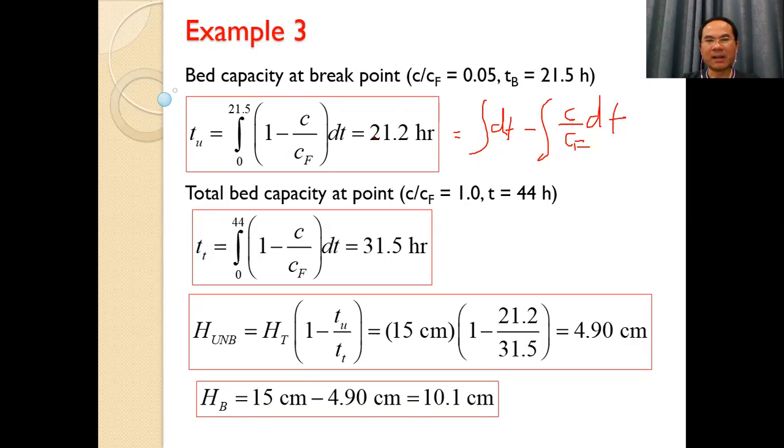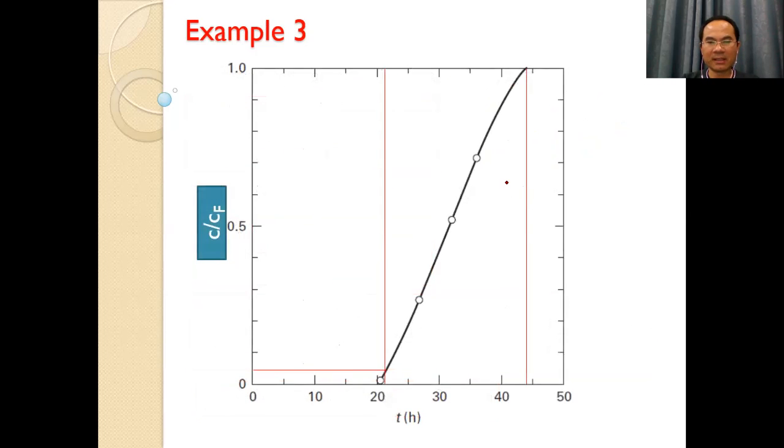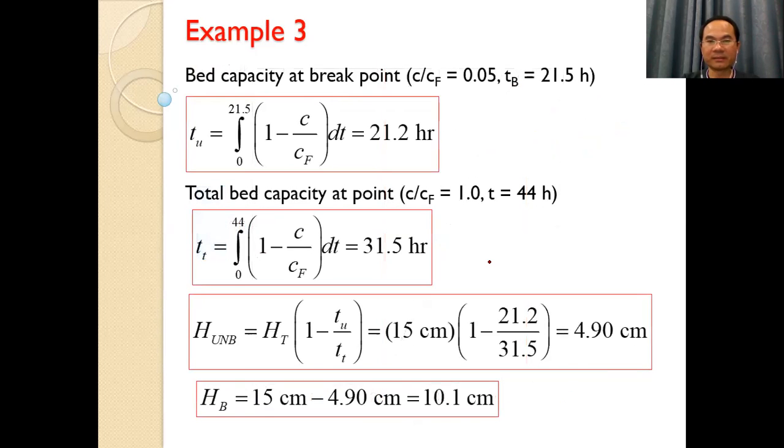For the integral of C over CF dt, the area under the curve, you get about 0.4, 0.3, something like this. You get the result is 21.2. This is the TB or TU, the same.